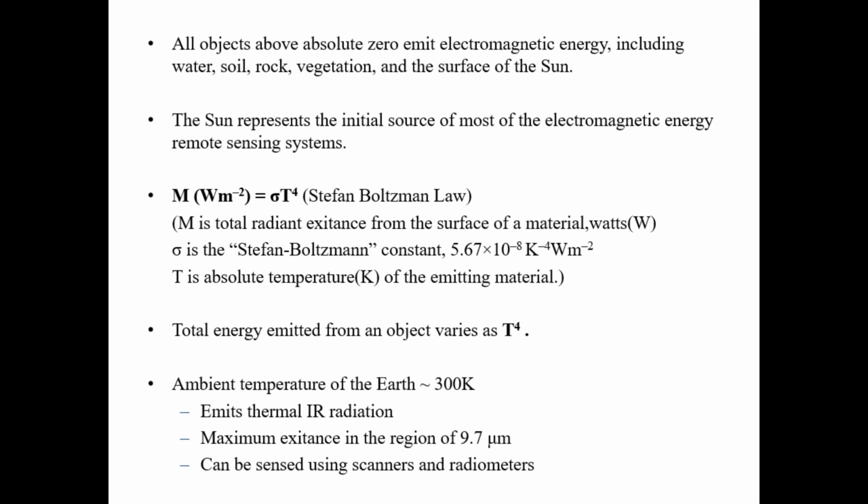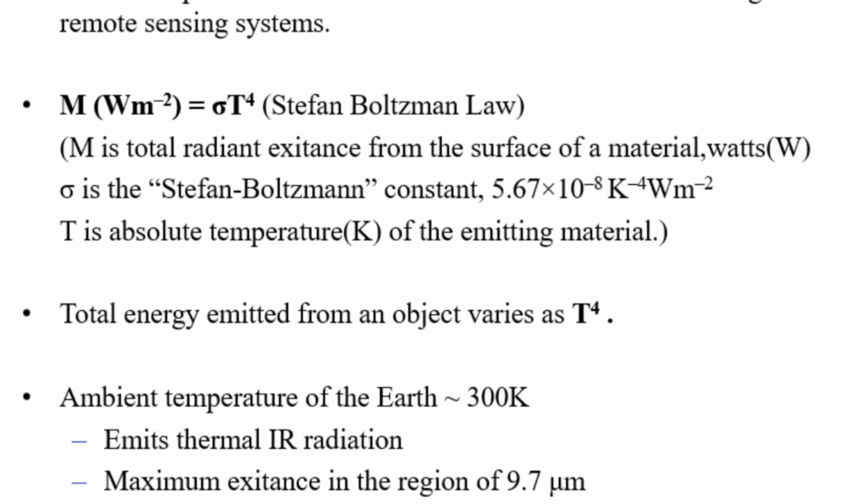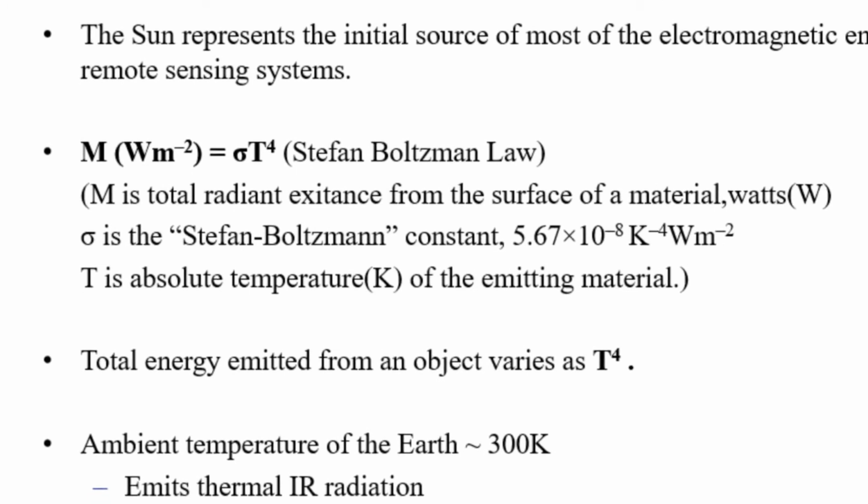Other than solar radiation, the energy from terrestrial objects also is a source of electromagnetic radiation. All matter at temperatures above absolute zero emits electromagnetic radiation continuously. The amount of radiation from such an object is a function of the temperature of the object, as shown: M is equal to sigma T power 4.